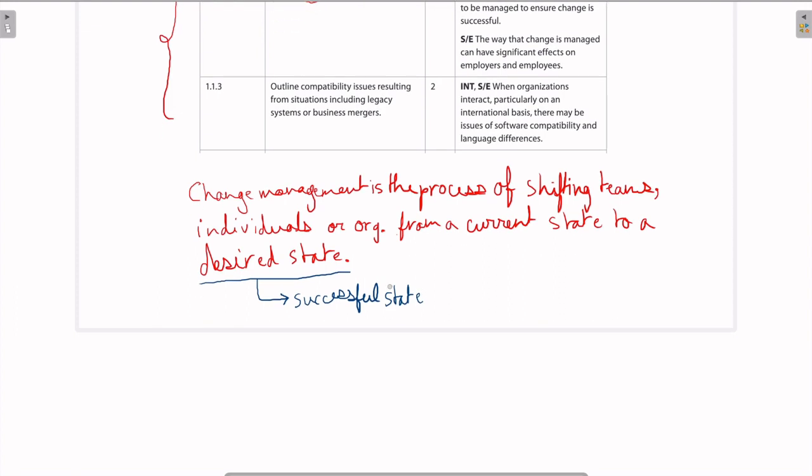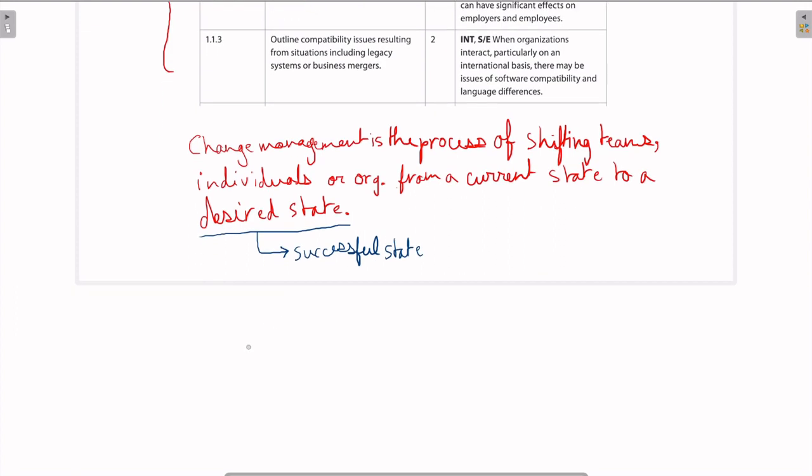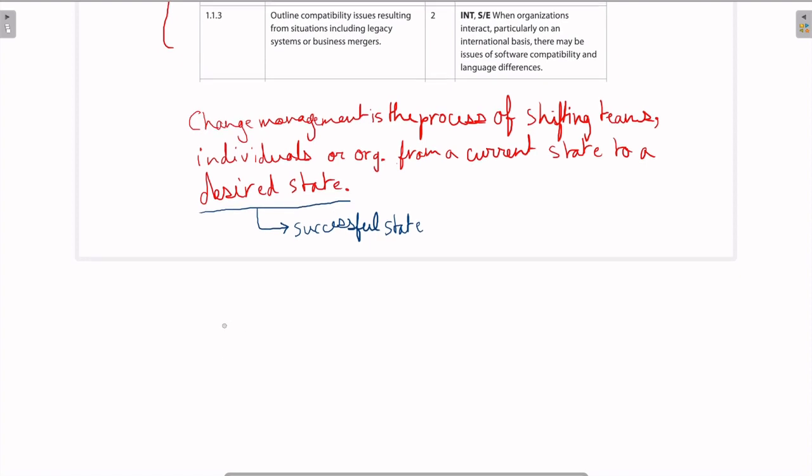So let me make this clear for you with a concrete example. Let's say that a company changes their operating system, right? So there's this company, and they're using some operating system right now. I'll draw a small laptop here. So what they've done is they've changed their operating system.